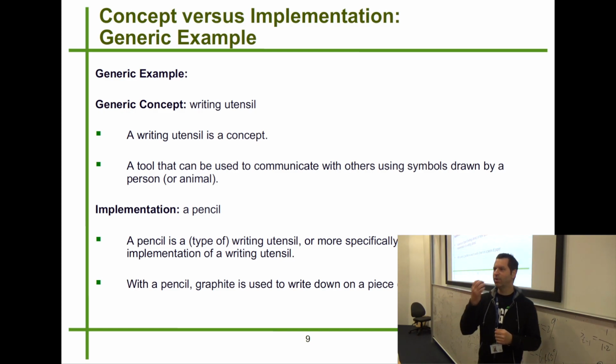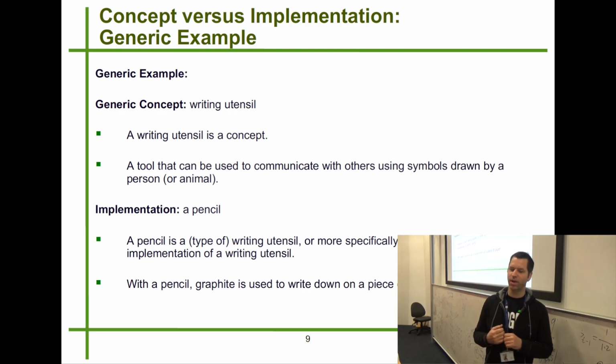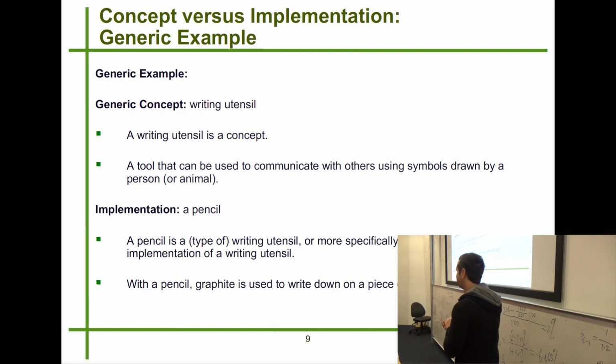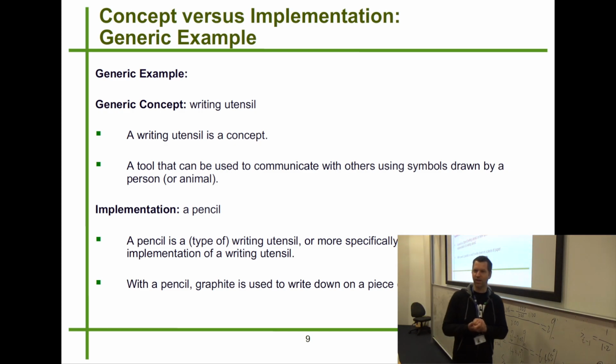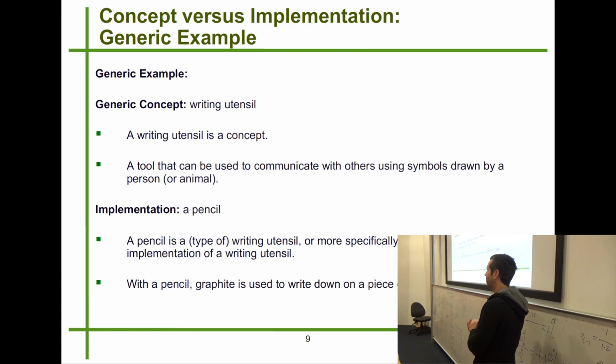Instead of just communicating verbally, which is what we did for most of human history, somebody said, I want to write things down, right? So a tool to write things down, like a writing utensil, is a concept. Somebody got the idea, oh, I want to write things down. And that's an idea, it's a concept, right?